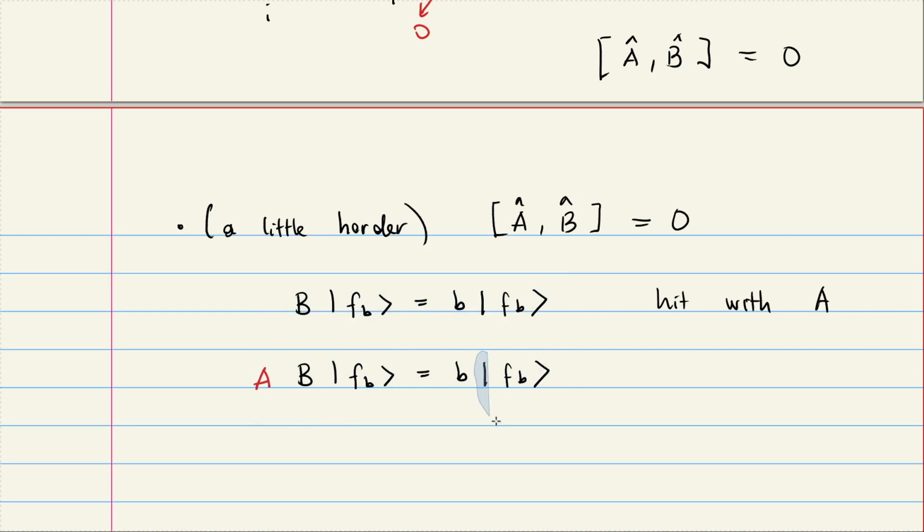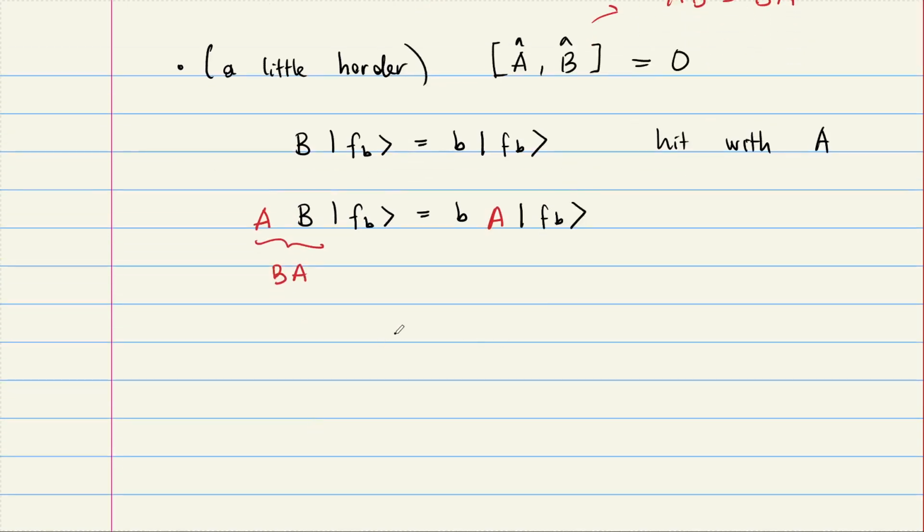Because B is a number, numbers just commute, so this is A. Here is given to us the commutator of A and B is 0, and that means AB is equal to BA. So this is given to us. Now I can use this information here, so this is going to be BA. Then if I rewrite this equation, here is what I get: B times A f_B is equal to B A times f_B.